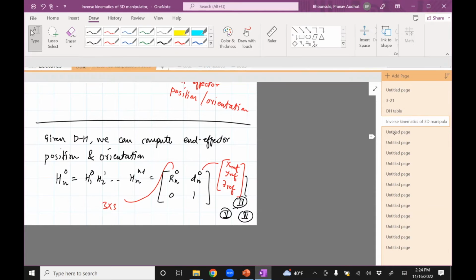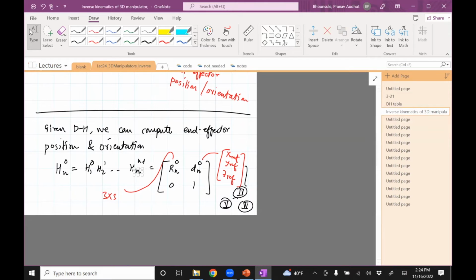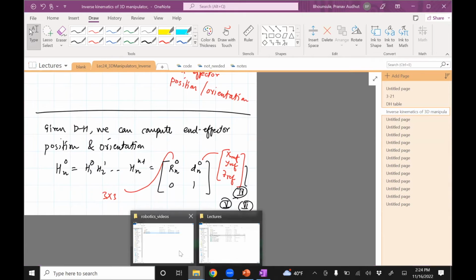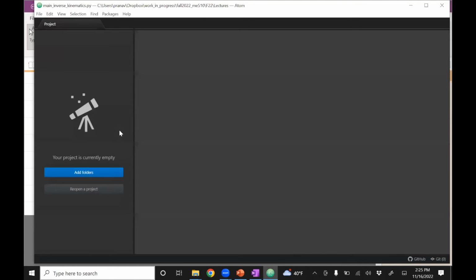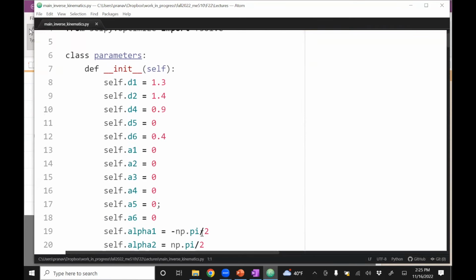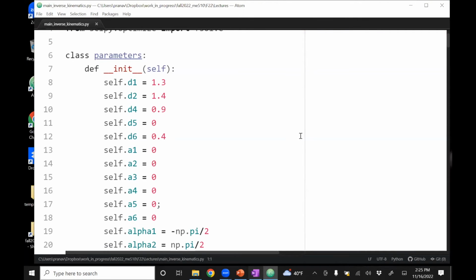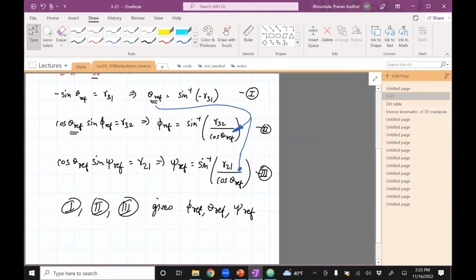So we just use Python. So I wrote code which will do this job for me. Okay, so the DH table actually doesn't have the lengths inside, I think.